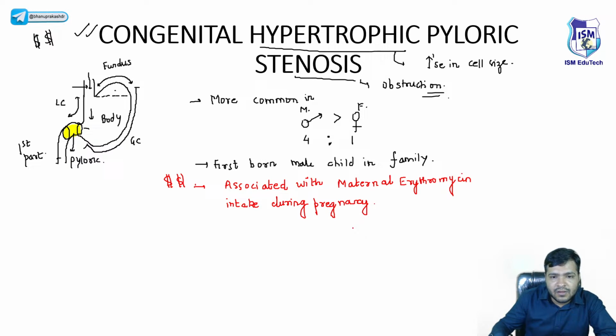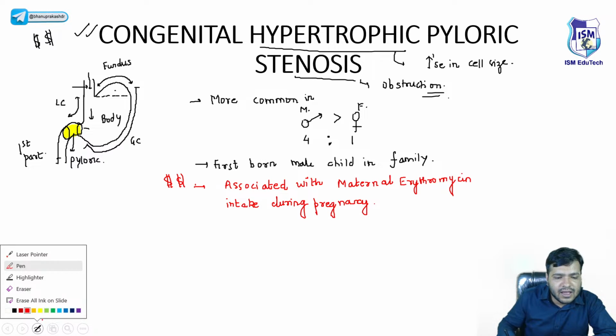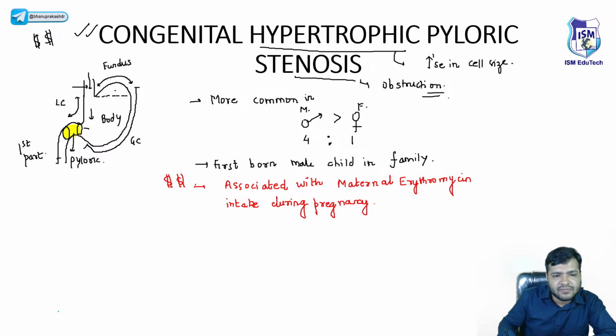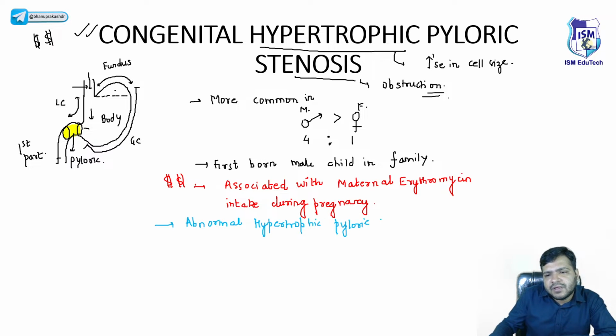Now what is the reason over here guys? That is abnormal hypertrophic pyloric muscle that I have already discussed. We have the abnormal hypertrophic pyloric muscle. Okay, so now if the muscle is hypertrophied, what it will lead to?